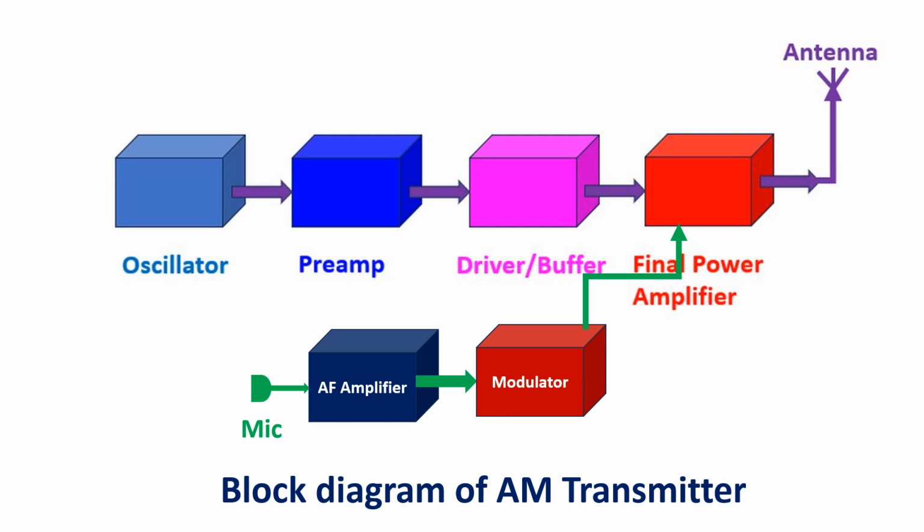If the voice signal is used to modify the frequency of the radio frequency signal, it is known as frequency modulation or FM. Modulation can be applied at the final RF power amplifier stage or at the driver buffer amplifier stage.